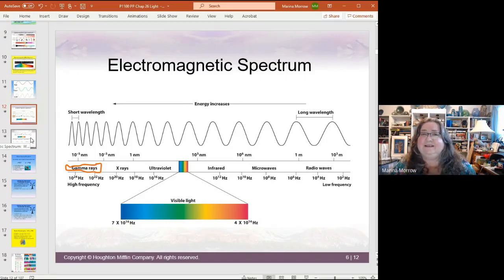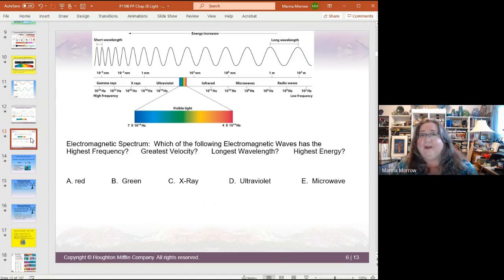And let's look at a typical type question you might have on your homework or a test question. So, which of the following electromagnetic waves has the highest frequency? So, here's a choice of red, green, X-ray, ultraviolet, or microwave.